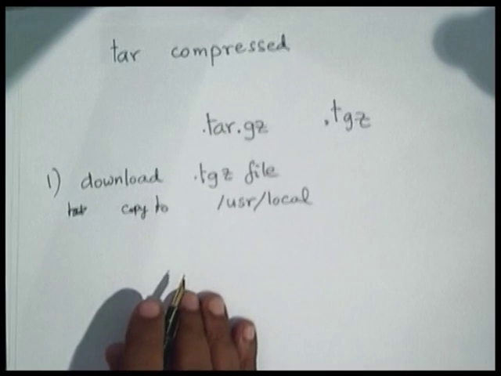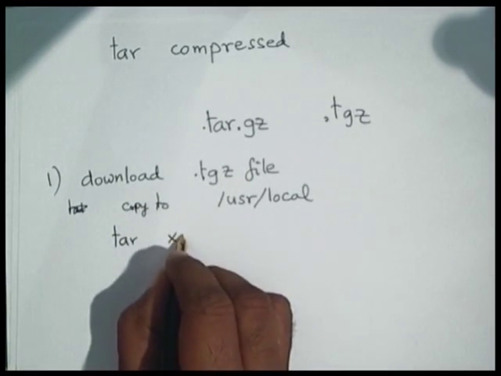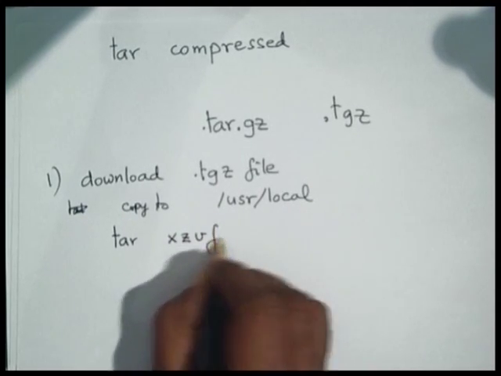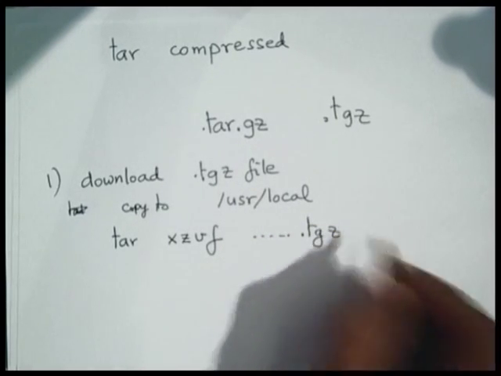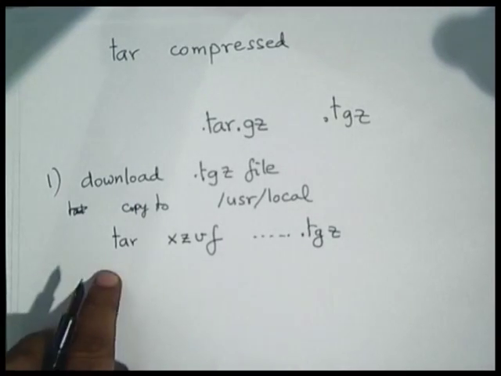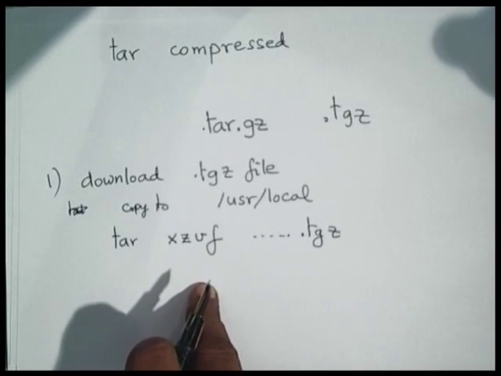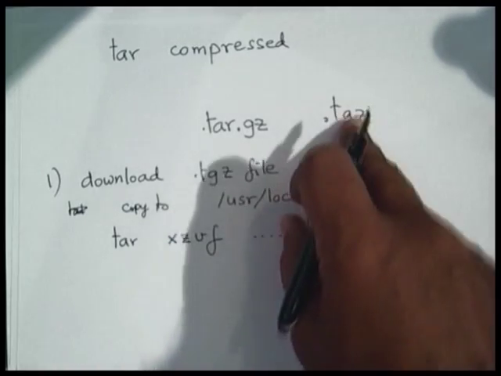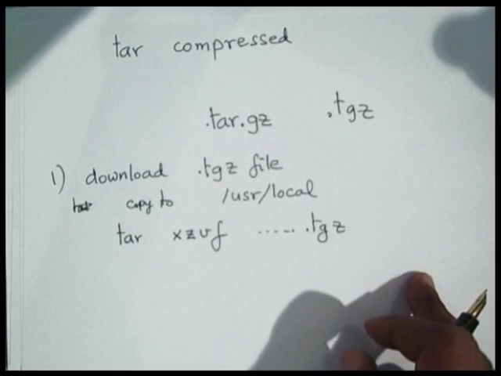So then you say tar -xvzf and the file name, whatever .tgz. Okay, you can read it now. Tar, X for extract, V for being verbose, give me verbose messages, Z for the GZ, that means it is a compressed file, uncompress it first, and F means what follows is a file name.